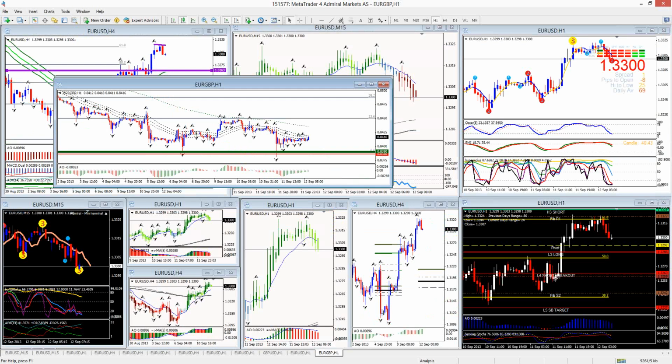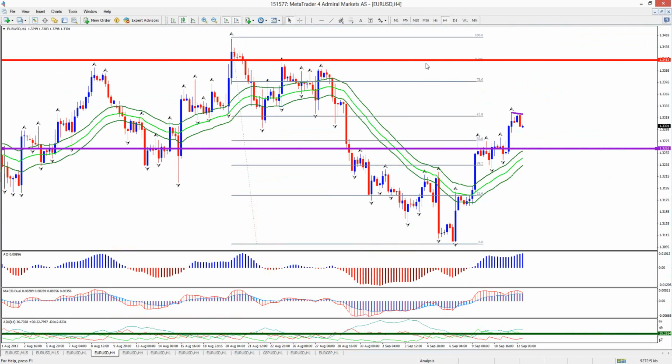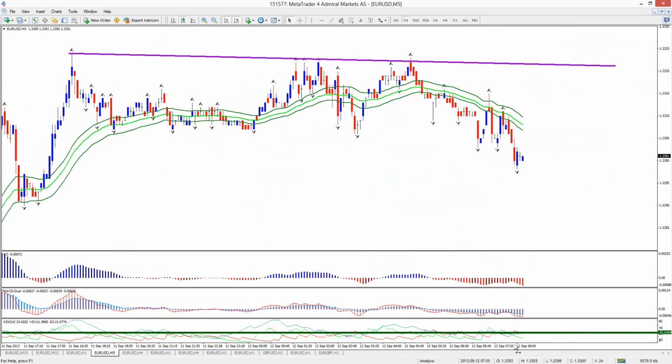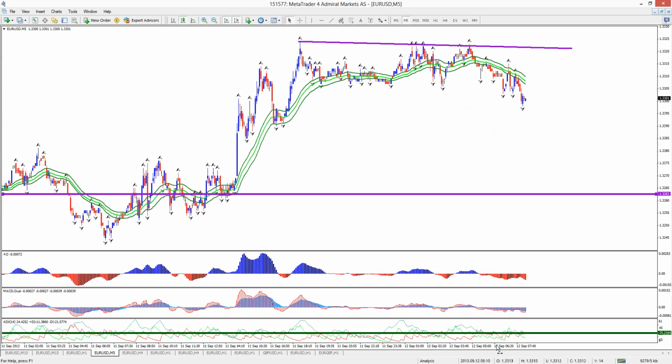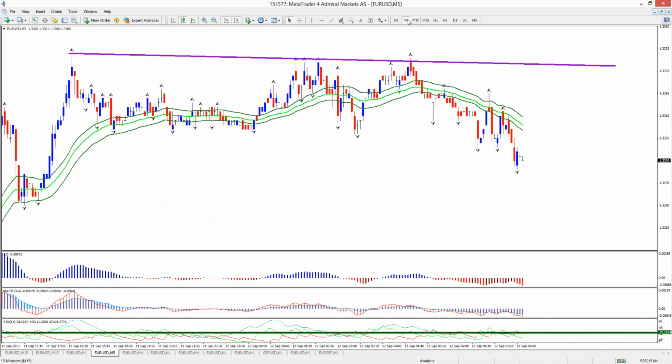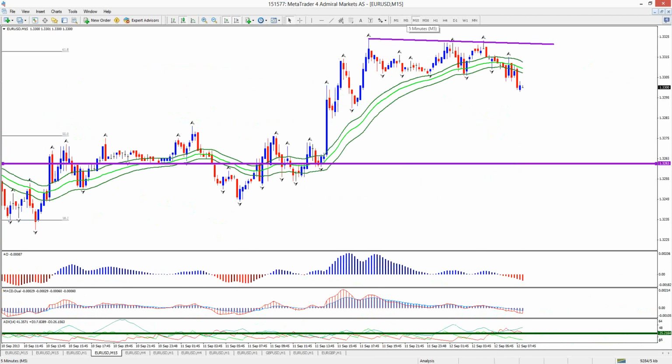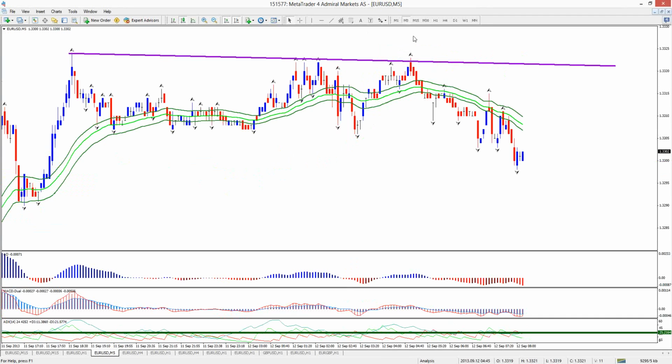Let's go to maybe another currency, although we can take a look at the euro dollar and see on lower time frames if there's any short-term trade to take. This is the 5-minute. On the 50-minute we already broke through the band. You can see that. We pushed through that support. 5-minute too, of course.